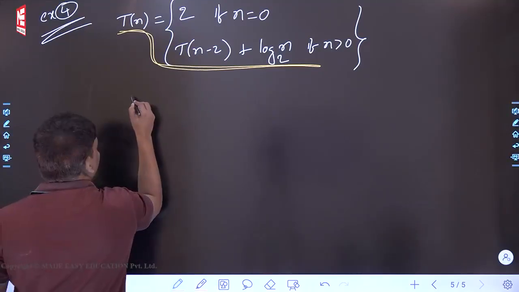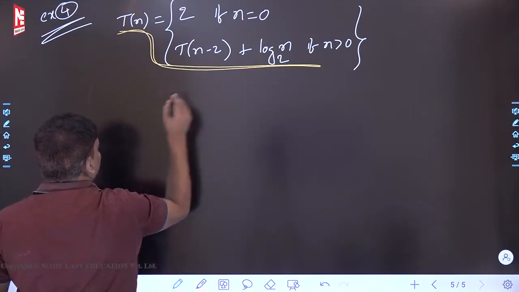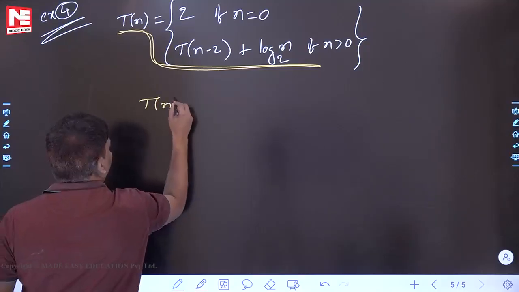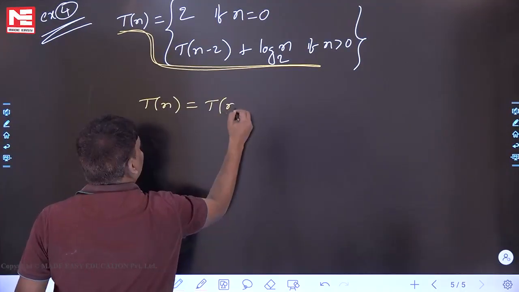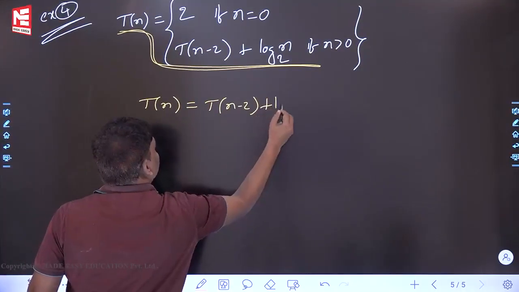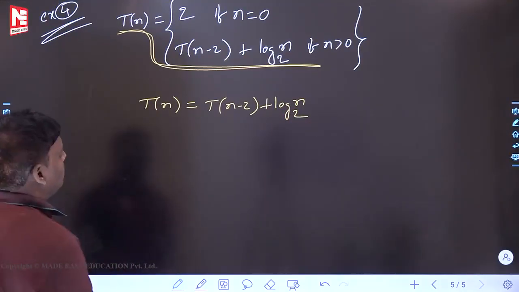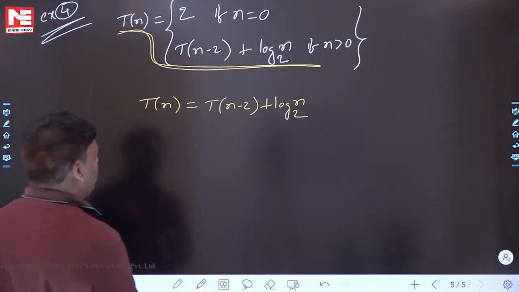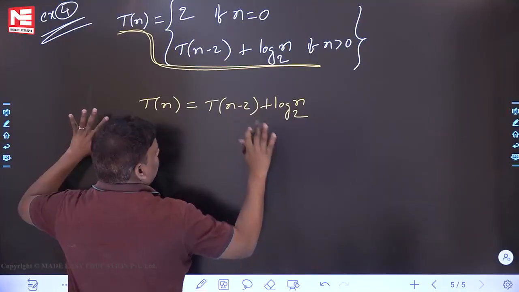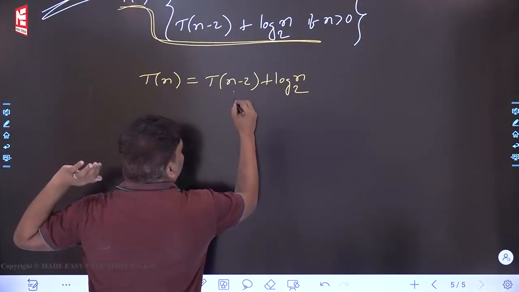Tn is equal to Tn minus 2 plus log n base 2. It is the given recurrence relation. Let's substitute further. What is Tn minus 2?